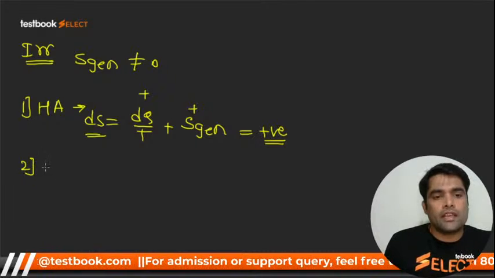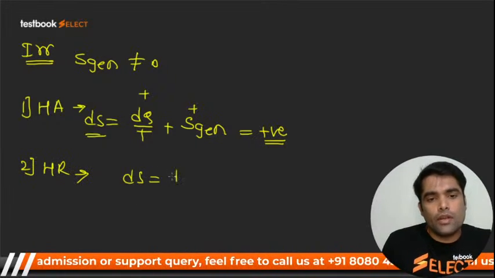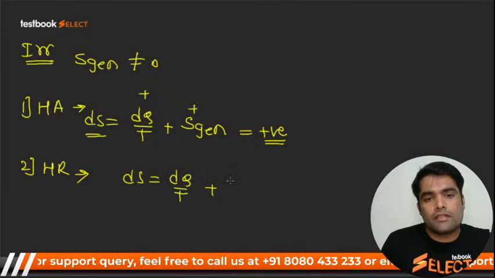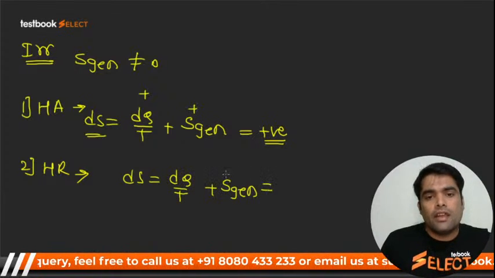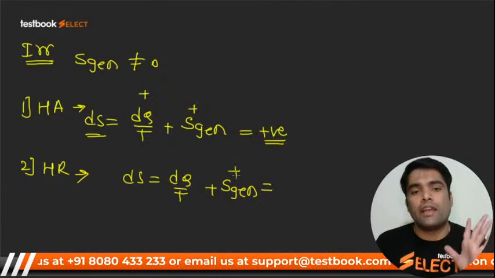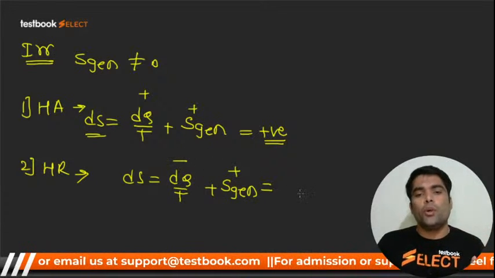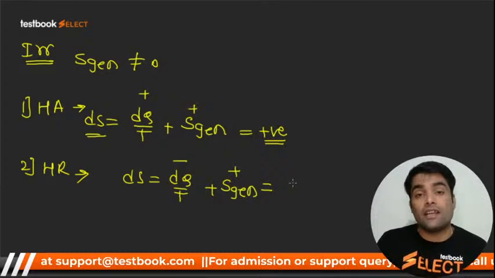But suppose it is a case of heat rejection, ds is equal to dq by T plus entropy generation. The entropy generation is always positive, you know that it never decreases, but dq by T is now negative. So the negative and positive may neutralize and become 0. It may be isentropic.